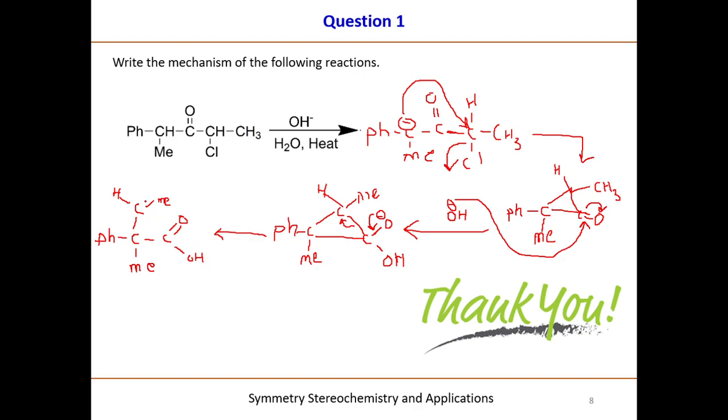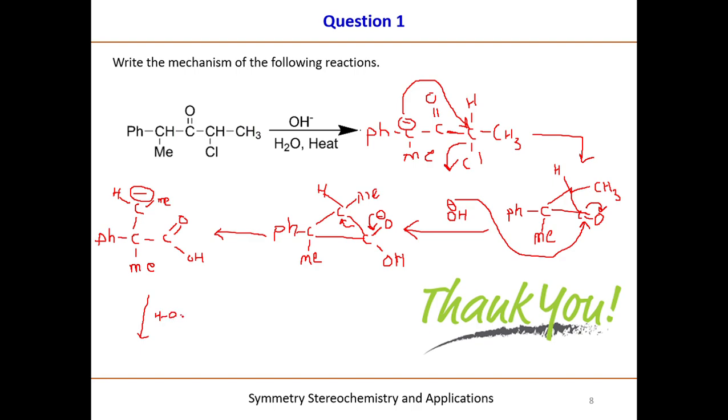Acid formation will take place and negative charge will come on this carbon atom. Carbanion will generate over here, and this carbanion will attack on water to abstract the proton. Will abstract the proton from water.